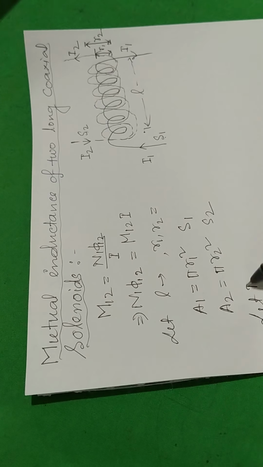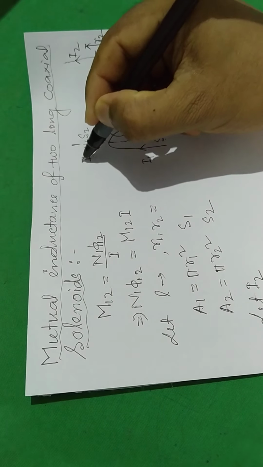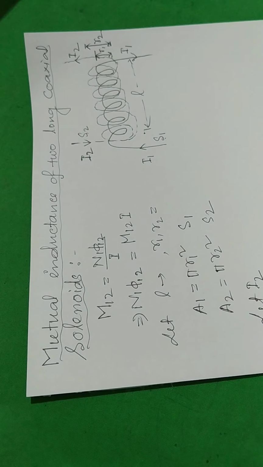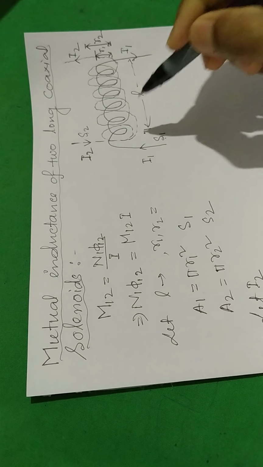Let I2 be the time varying current through the solenoid S2.